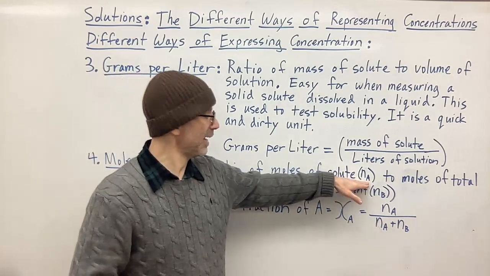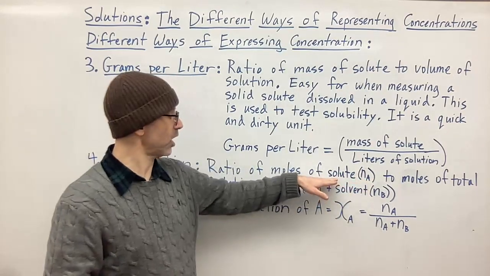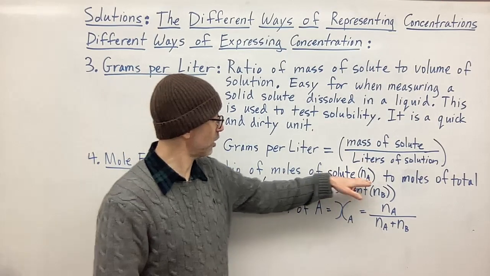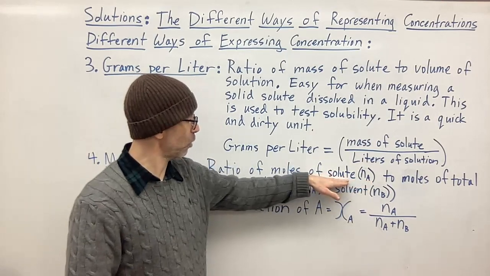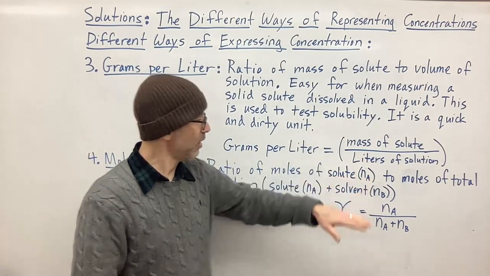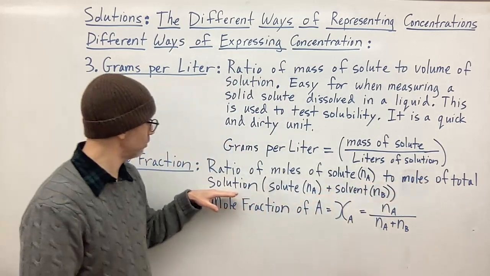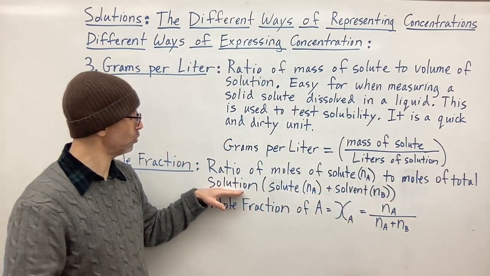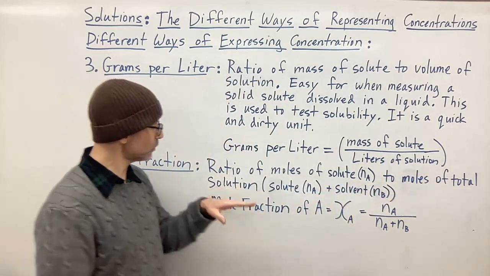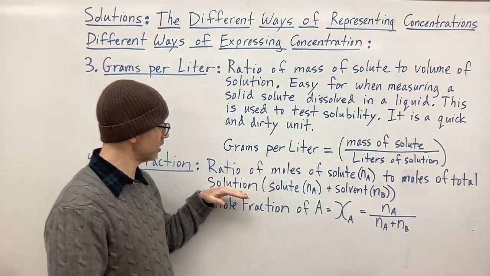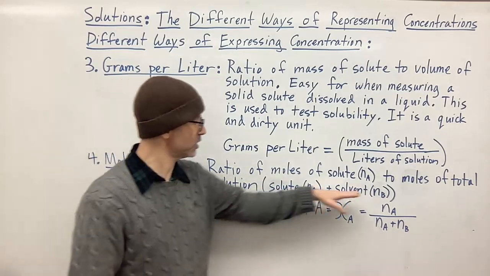Here we've got n_A, substance A, which we're calling our solute. So it's going to be the ratio of the moles of solute, n_A, to moles of the total solution. So total moles of solution, which again, remember that the solution is the solute plus the solvent.